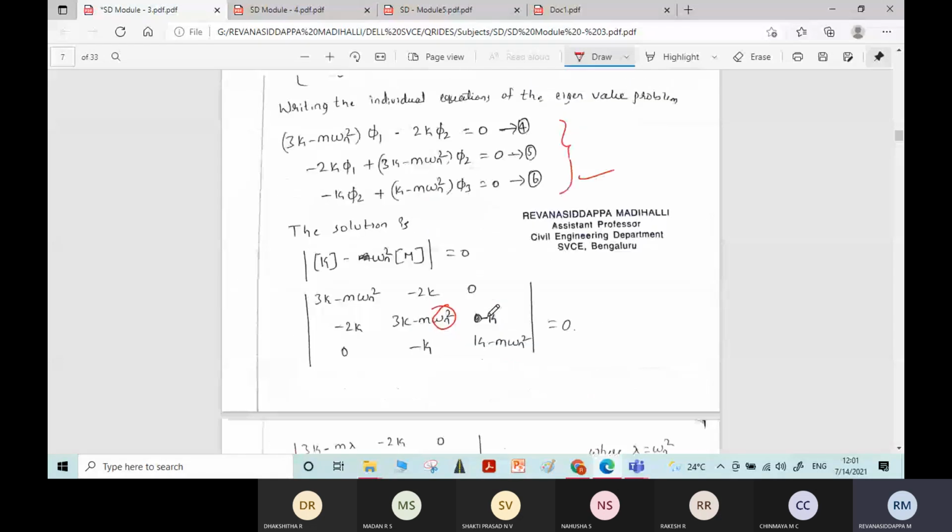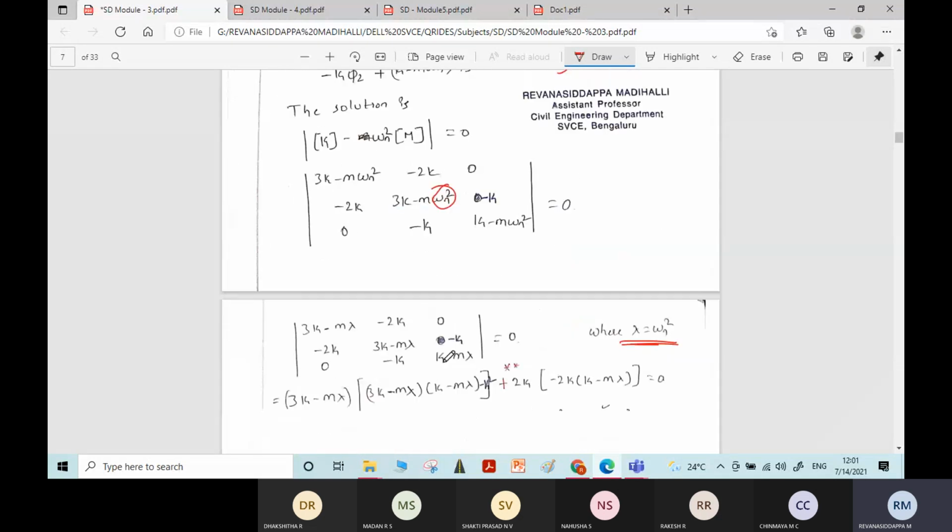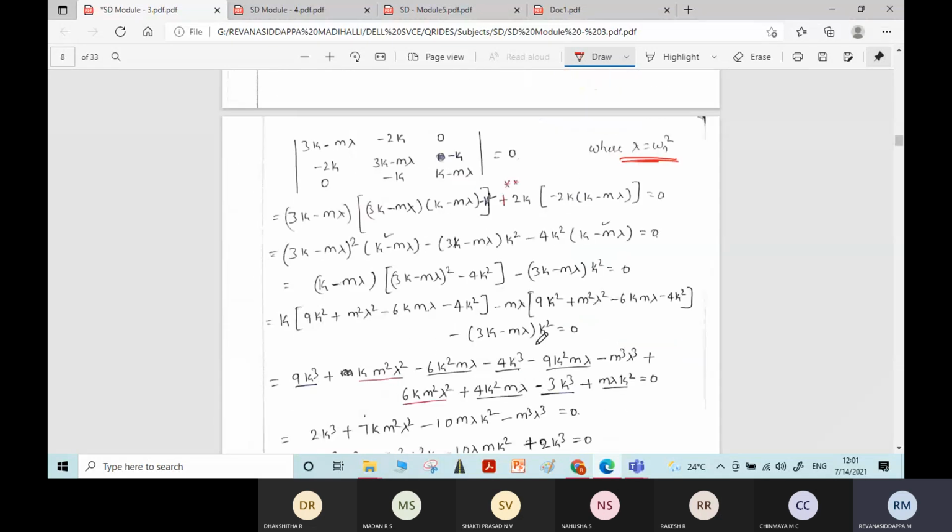So here 3k minus m omega n square: coefficient of k is 3, minus coefficient of m is 1. Then come to omega n square. Omega n square is equal to what here? Omega n1 square is equal to 5.124 k by m.